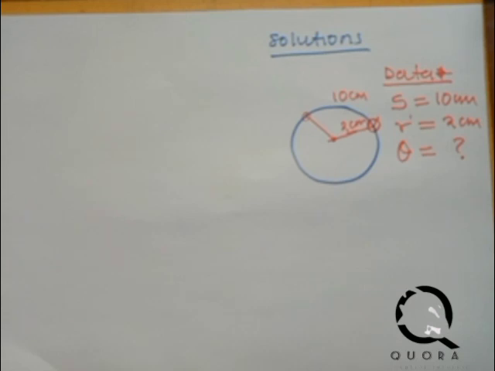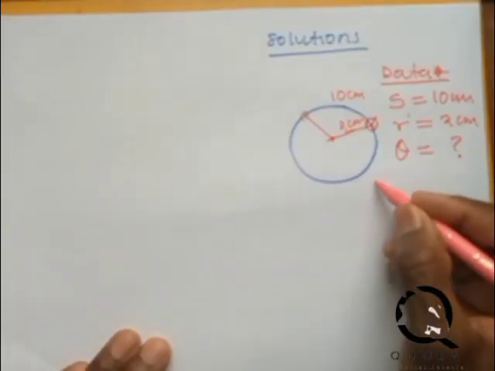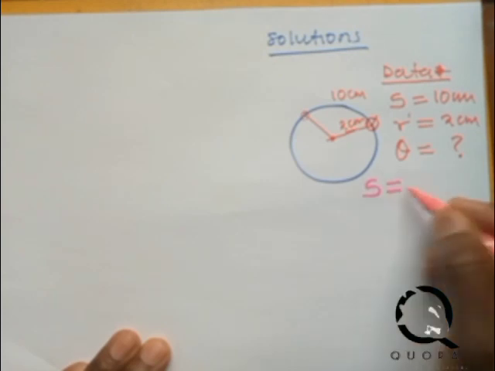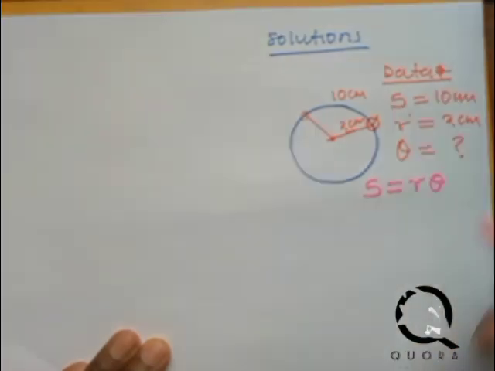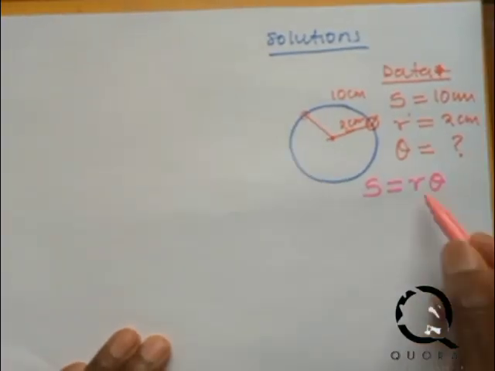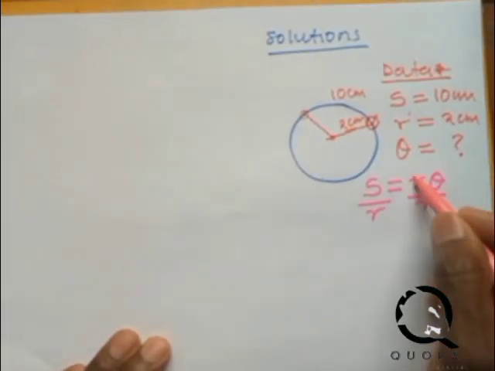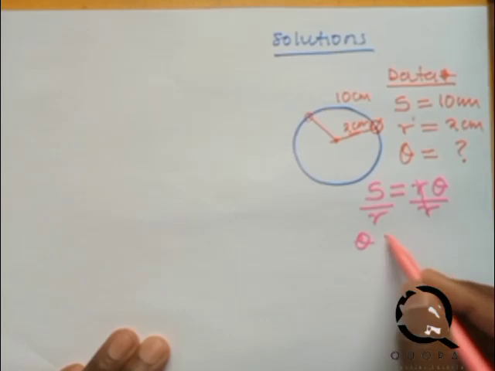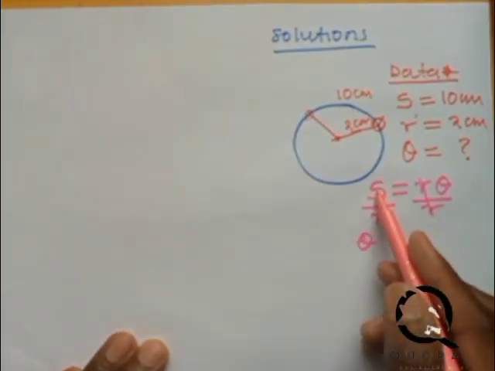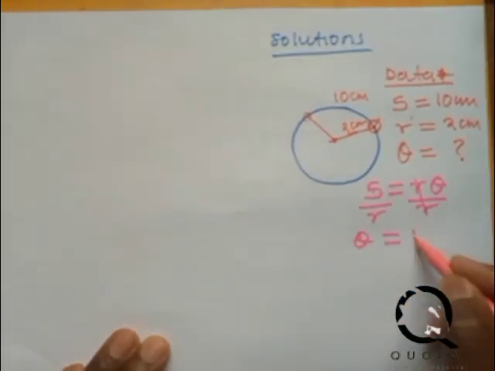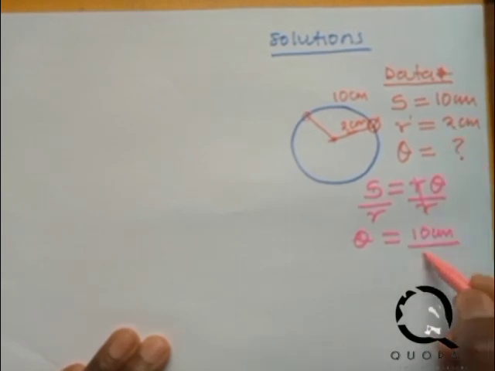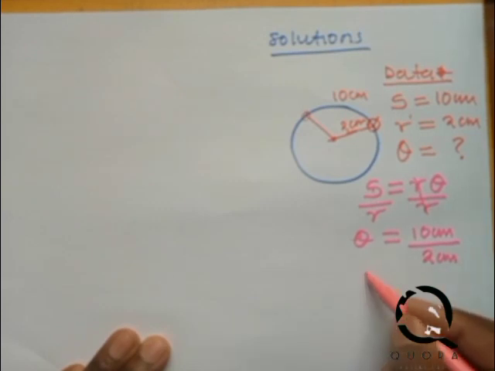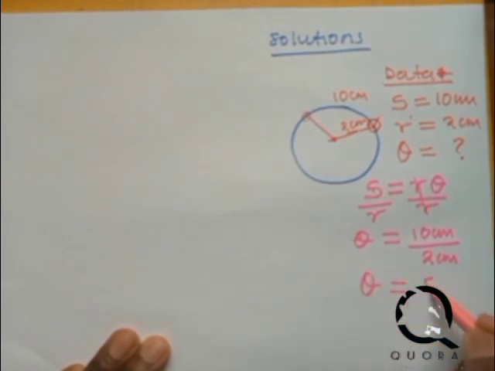They are related by saying arc length is equal to radius multiplied by angular displacement. Meaning that to get the angular displacement, you make it the subject. Then theta is equal to arc length, which is 10 centimeters, divided by the radius, which is 2 centimeters, meaning that theta is equal to 5 radians.